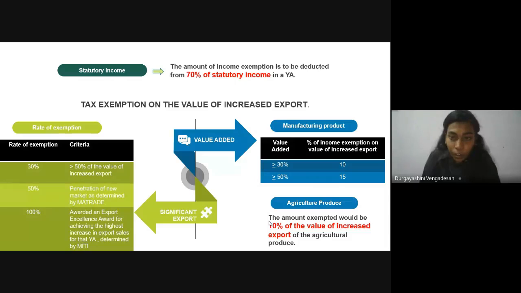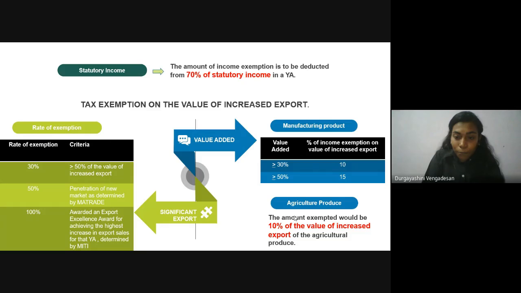For the manufacturing product, the exemption of statutory income equivalent to 10% of the value of increased export if the value added is at least 30%. And the tax exemption of statutory income equivalent to 15% of the value of increased export if the value added is at least 50%.